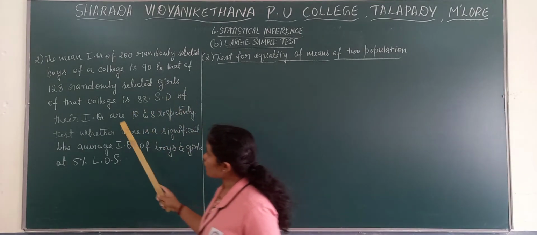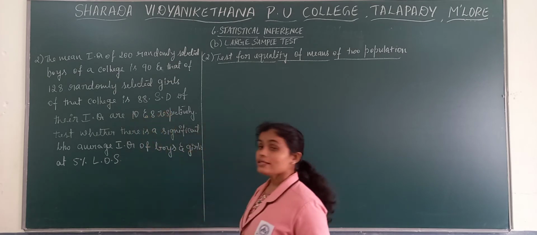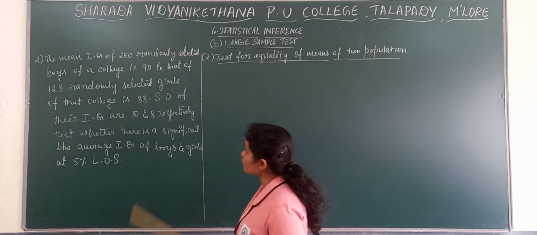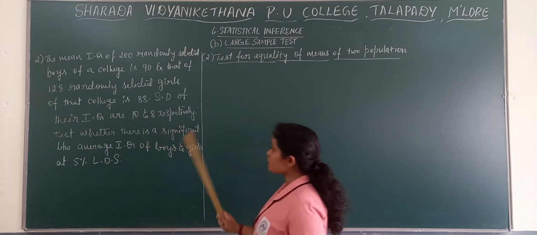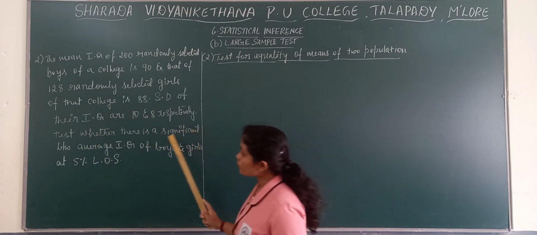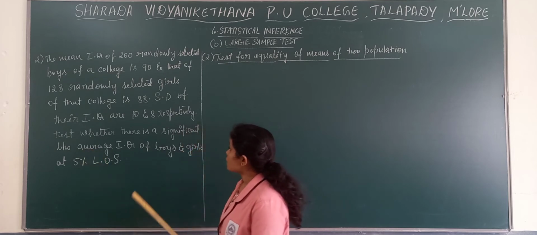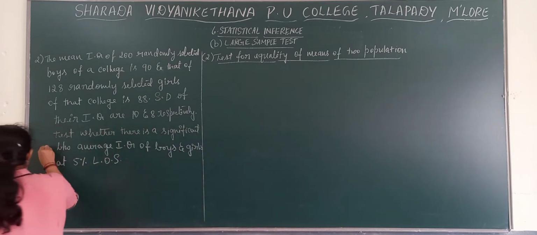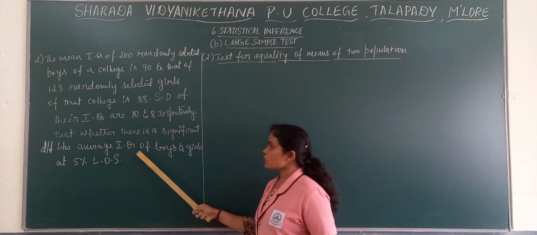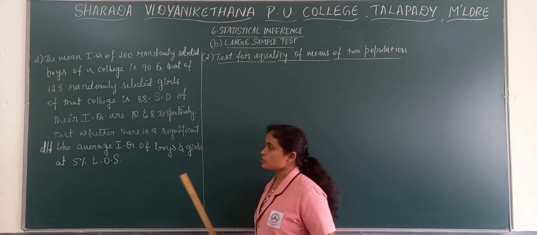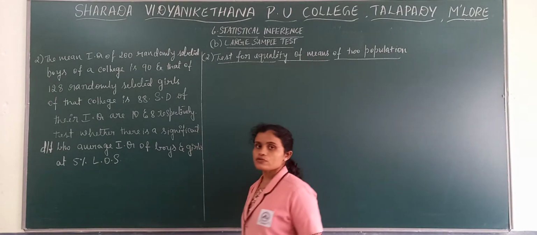Standard deviations of their IQ are 10 and 8 respectively. Test whether there is a significant difference between the average IQ of boys and girls at 5% level of significance.